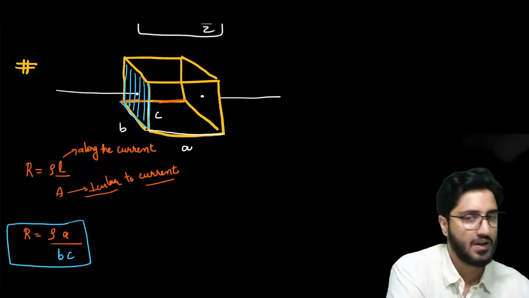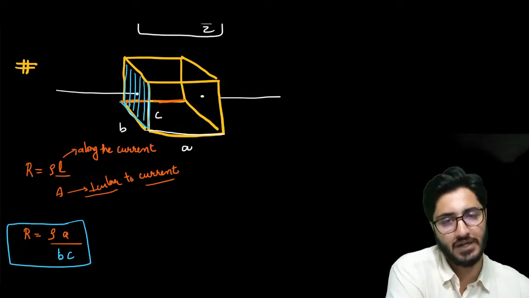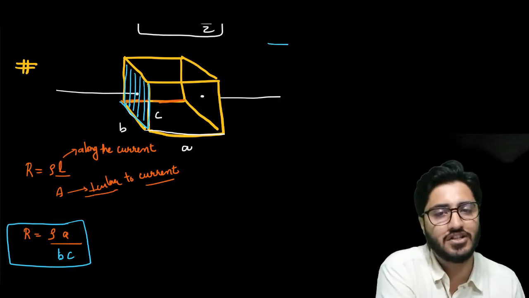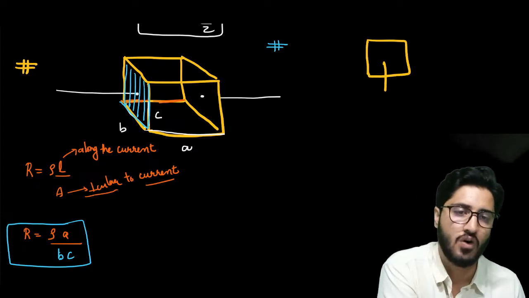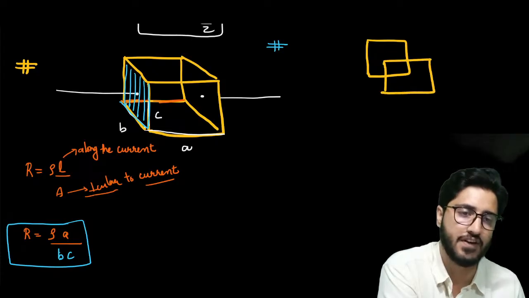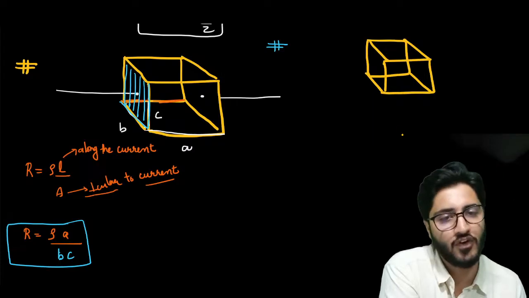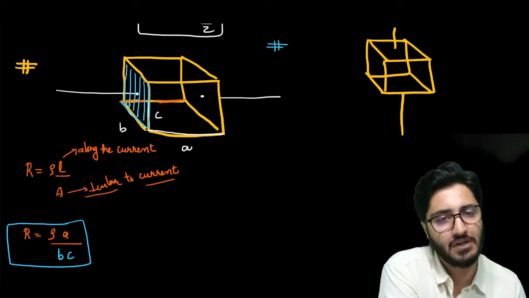Okay, now we will change the direction of current. How so? Look now, same cuboid, same 3D figure. Now current is flowing from this terminal and leaving this terminal.